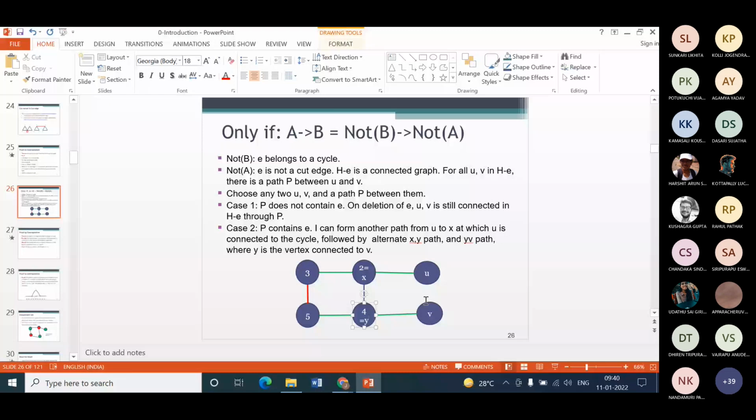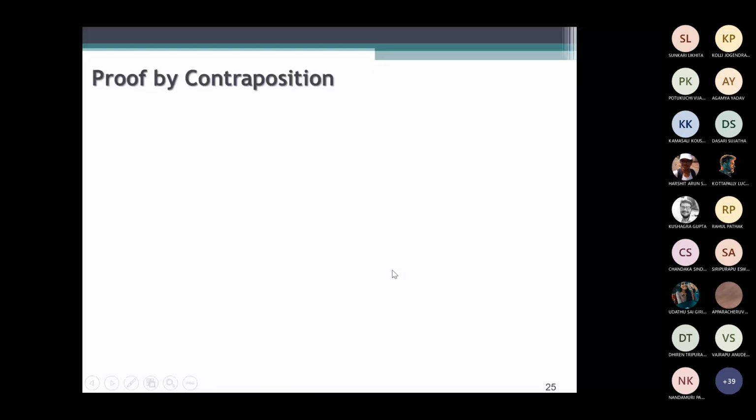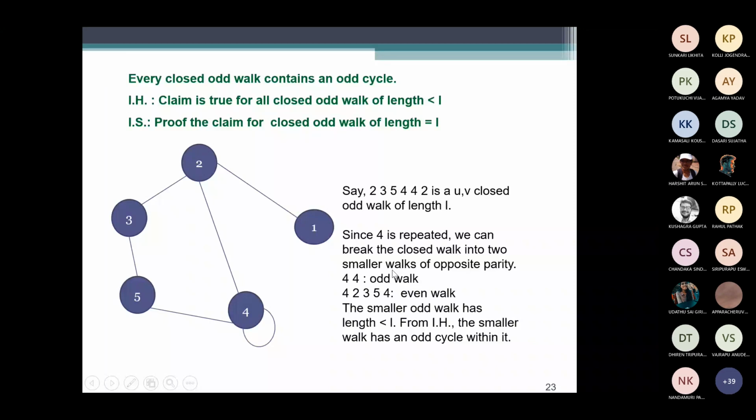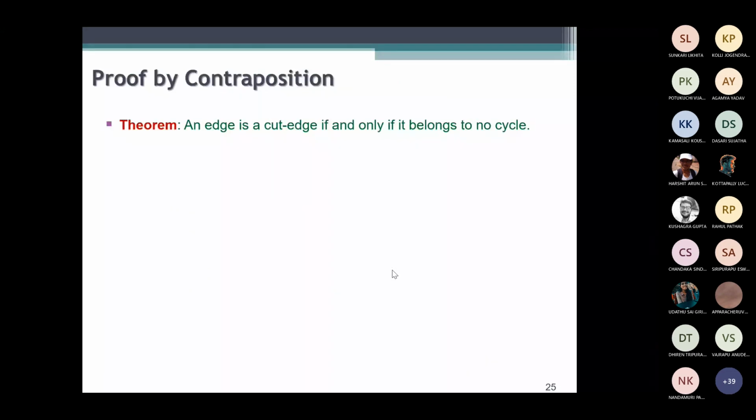So basically, the proposition was, if it is a cartridge, it doesn't belong to a cycle. Okay.